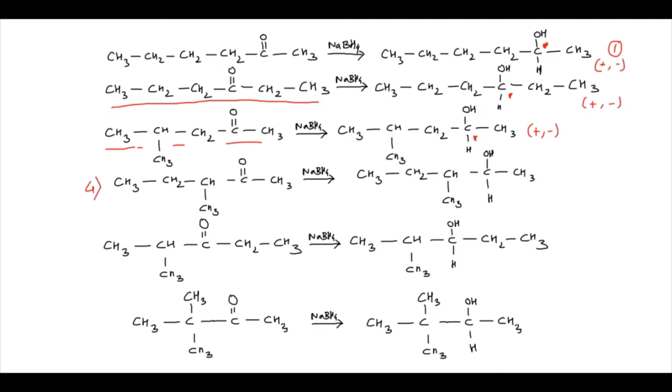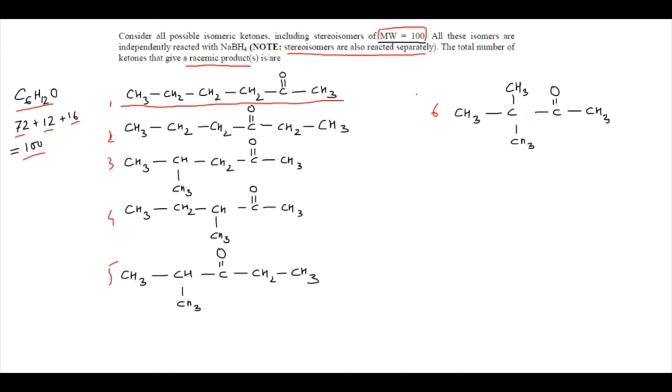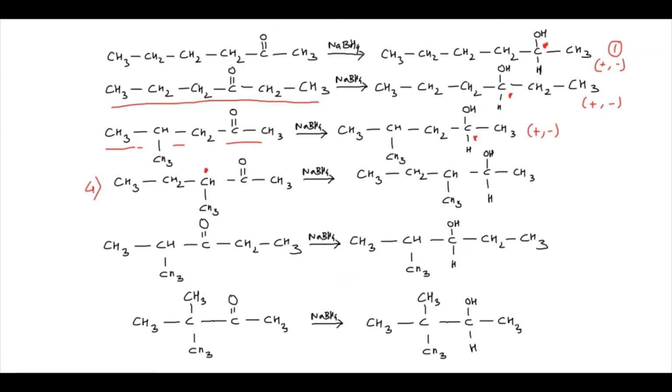Then comes the fourth one. Here the starting ketone itself has one chiral carbon. That means 2 enantiomers are possible, and in the question we have to take stereoisomers as reacted separately. So we take both the stereoisomers, plus and minus, and react with sodium borohydride.